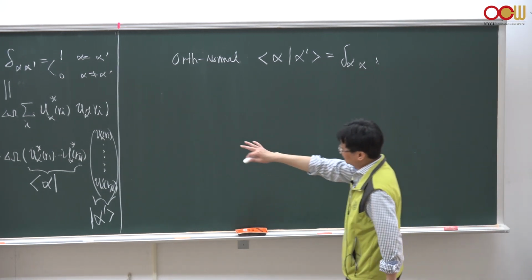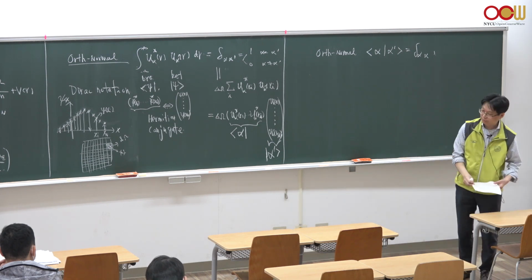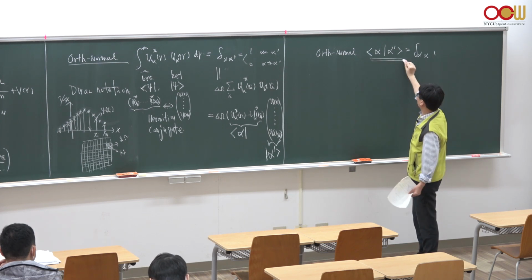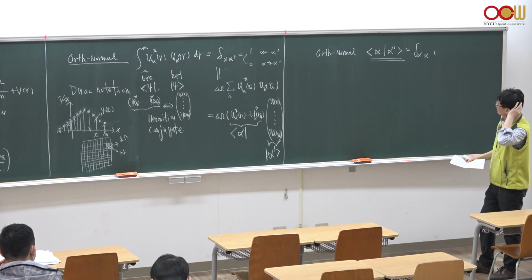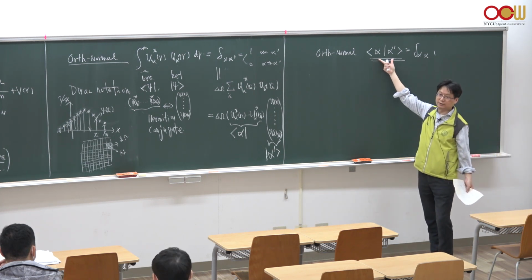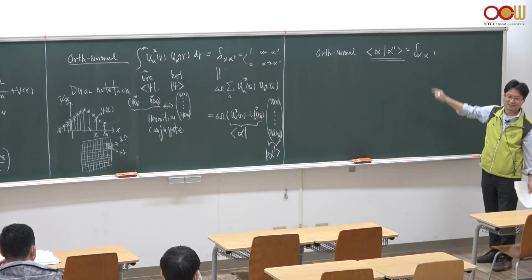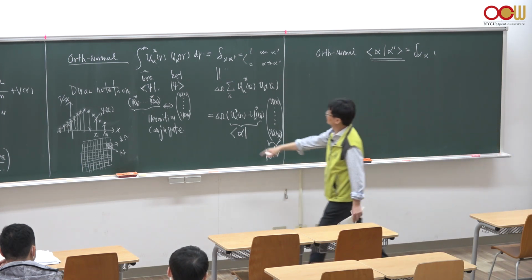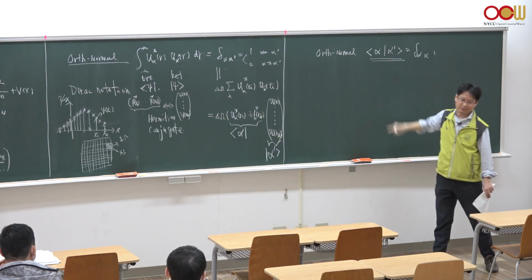So the complicated summation of this matrix product becomes very simple, just one line and a couple of letters, in terms of a simplified orthonormal condition: the product between the Dirac bra state and the ket state is normalized. So I rewrote this integral in terms of this matrix form.